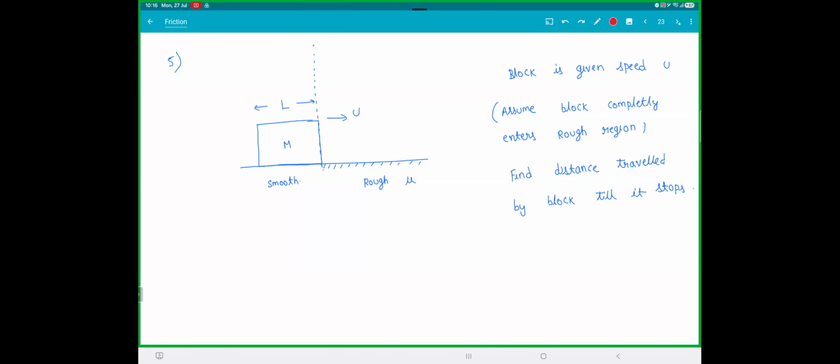It is still getting dragged. Think for a minute, then I'll show you the steps. Final velocity will be 0. It will travel a little more and then it will be 0.